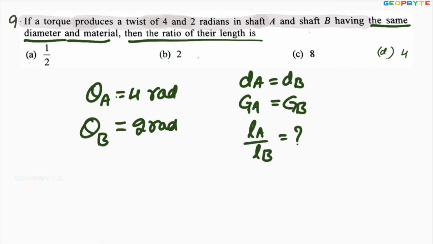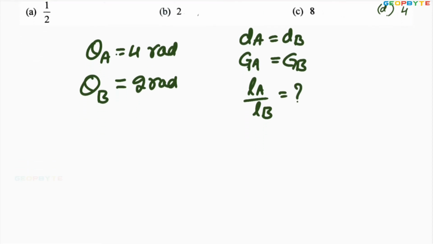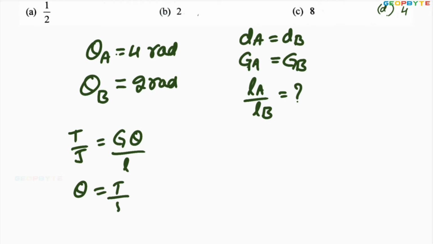That is the problem. The torsion equation is T by J equal to G theta by L. From this I can write that theta equal to TL by JG. Here, what about the torque?